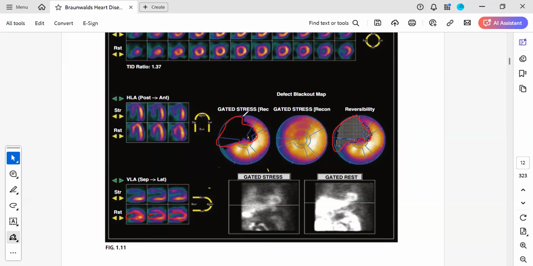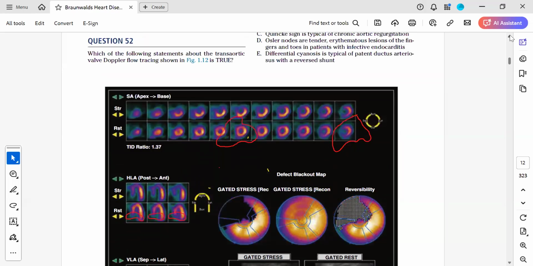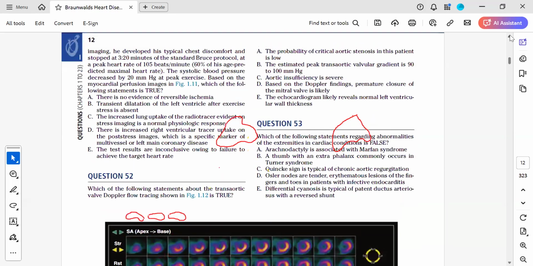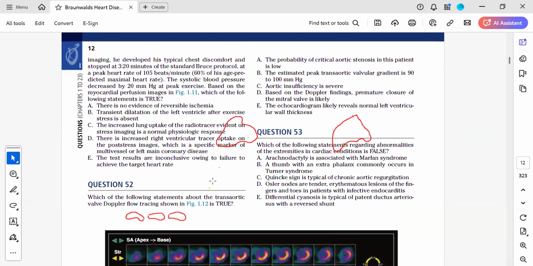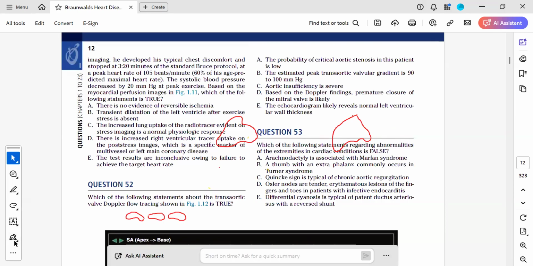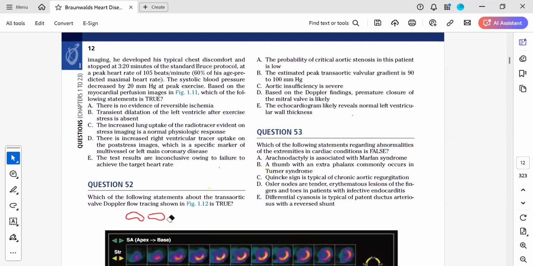So for option A, that was talking about reversibility, there is no evidence of reversibility. This is false because, as demonstrated, this ischemia is reversible.